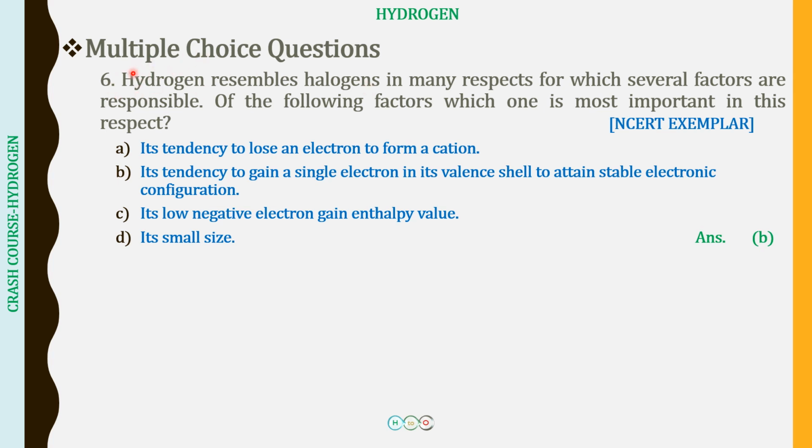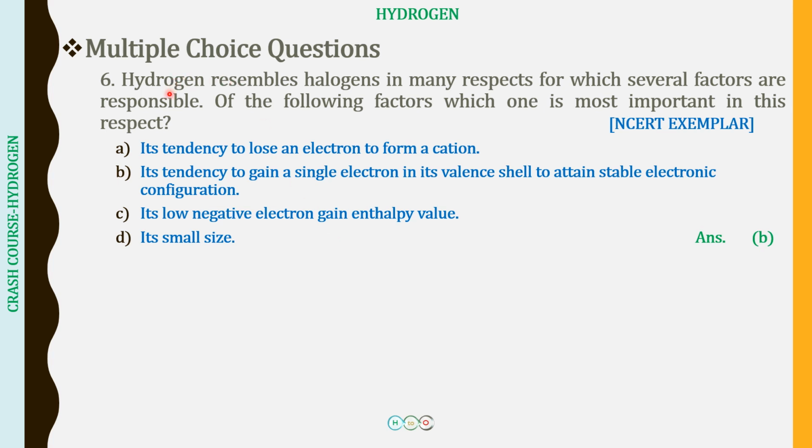The reason is the small size of hydrogen. The incoming electron feels more repulsion. Therefore, hydrogen has a low negative electron gain enthalpy, whereas the halogens have a high electron gain enthalpy value. But do remember that the value is going to be a negative electron gain enthalpy value for hydrogen as well.